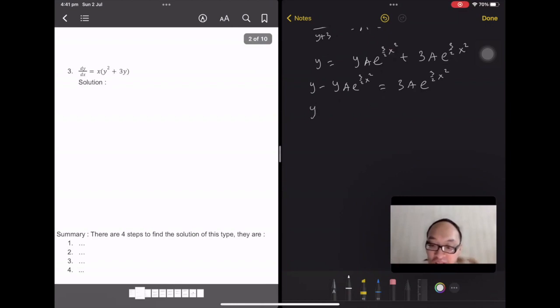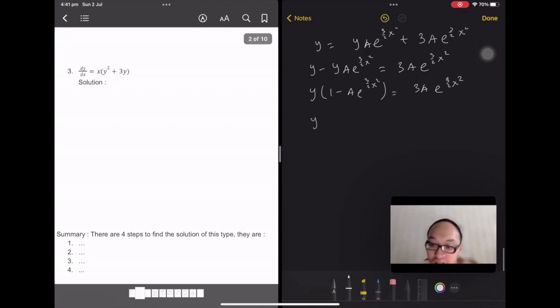We can factorize: y times (1 minus a e^(3 over 2 x squared)) equals 3a e^(3 over 2 x squared). So y equals 3a e^(3 over 2 x squared) over (1 minus a e^(3 over 2 x squared)).